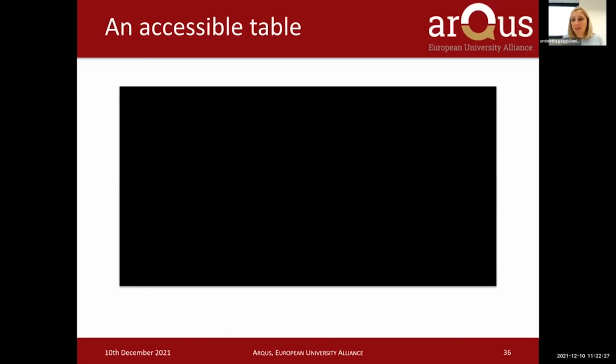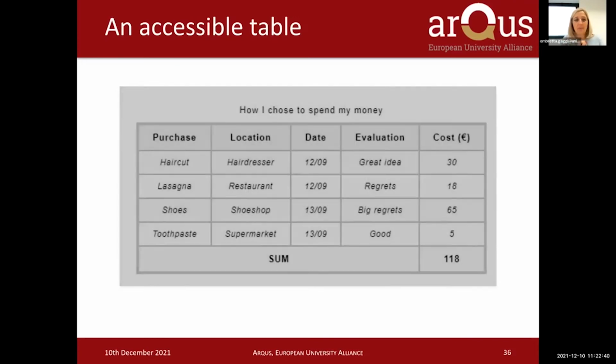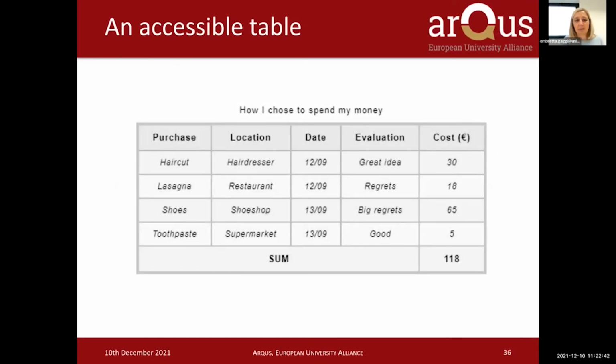And so if I ask you if the author of this table liked the lasagna, I think that none of you is able to answer my question. But now all of you are able to answer my question. The author did not like lasagna because the evaluation is regrets, okay?